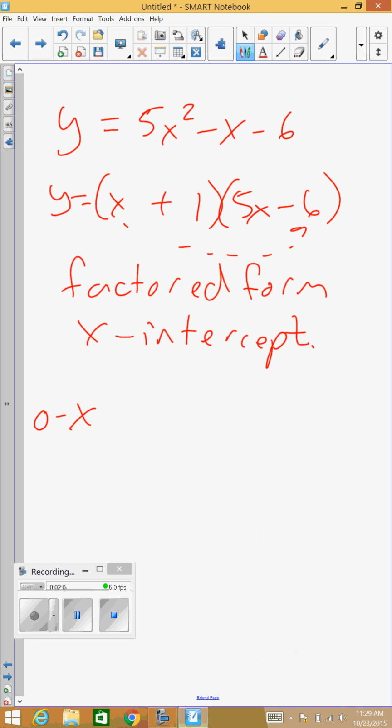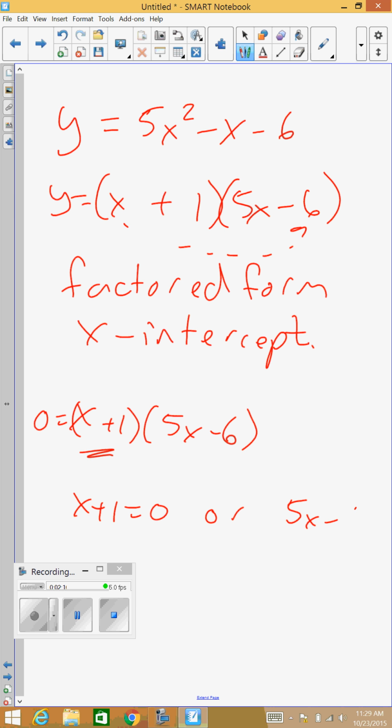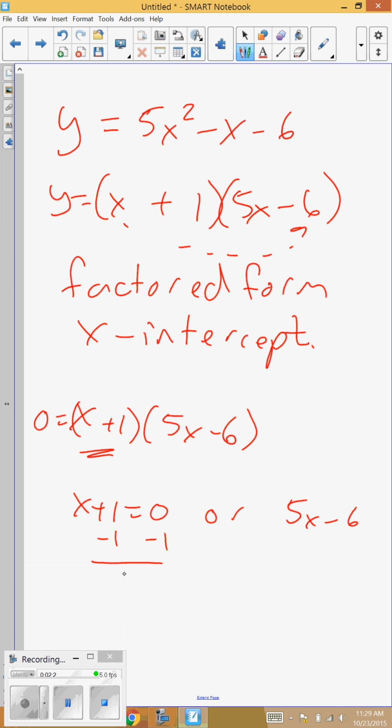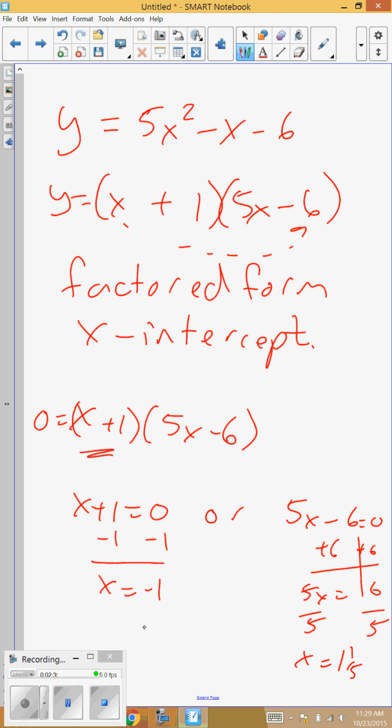So if I've got 0 equals x plus 1 times 5x minus 6, that means either this first factor has to be equal to 0, or my second factor has to be equal to 0. Okay, so those are my two possible x-intercepts. Actually, they are my two x-intercepts, negative 1, comma 0, and 1 1/5, comma 0.